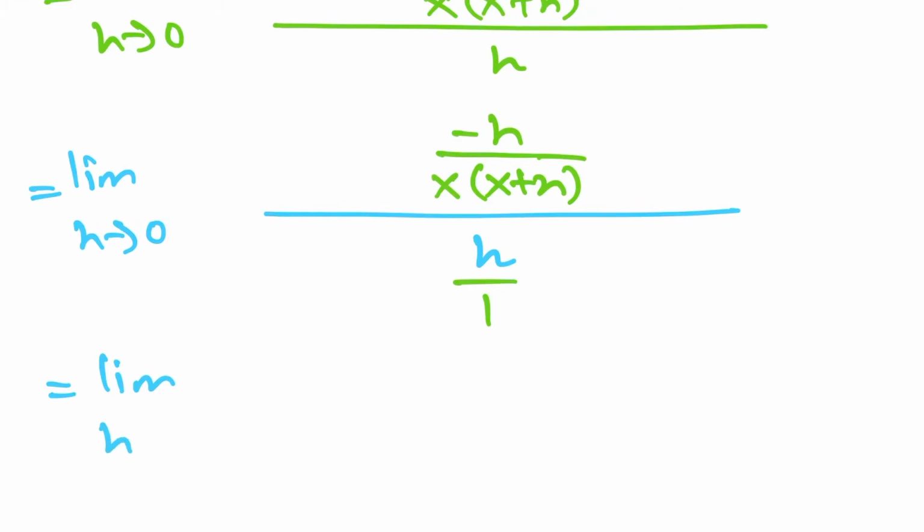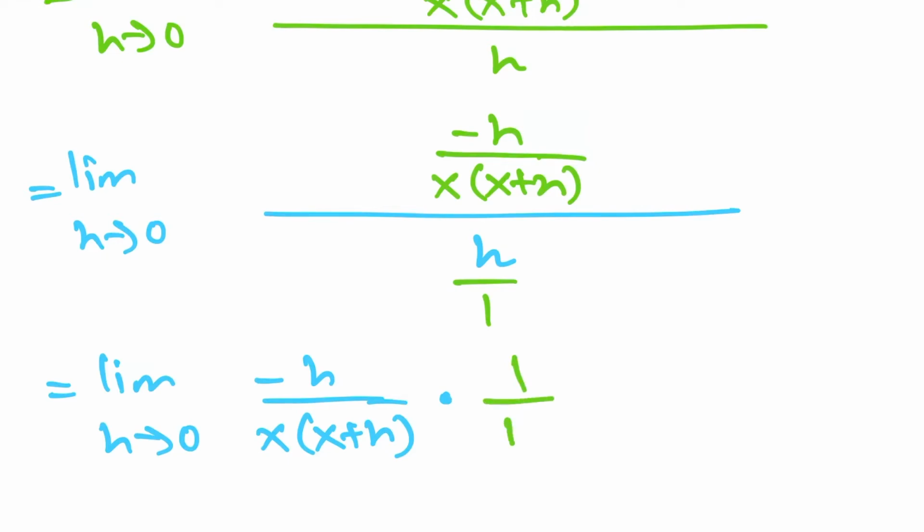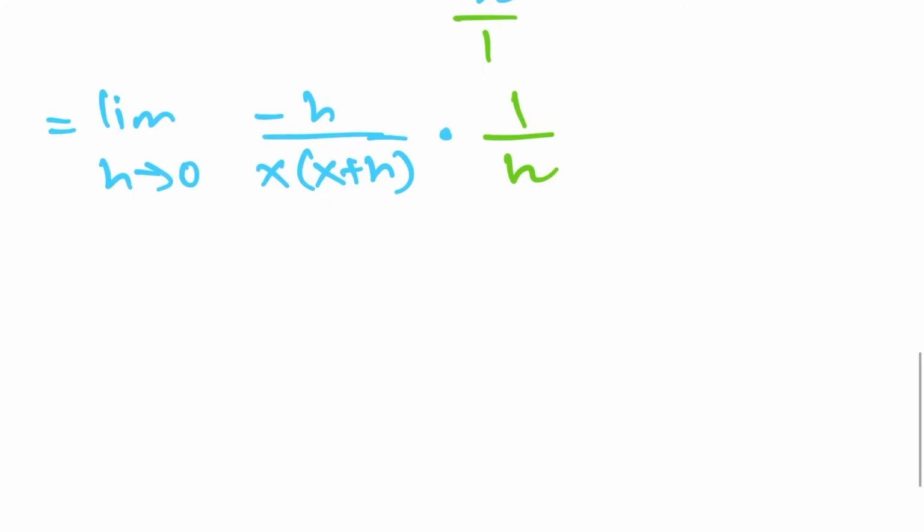So limit as h goes to 0. We're going to keep the top part, which is negative h over x times x plus h. Division will change to a multiplication sign, and we're going to flip the bottom, the denominator. So 1 will go on top, h will be in the bottom. Okay, we're almost there. Now we can cancel out h and h.